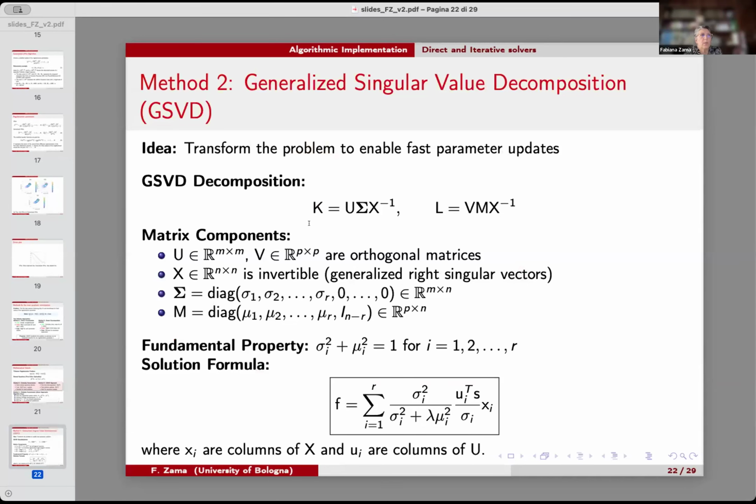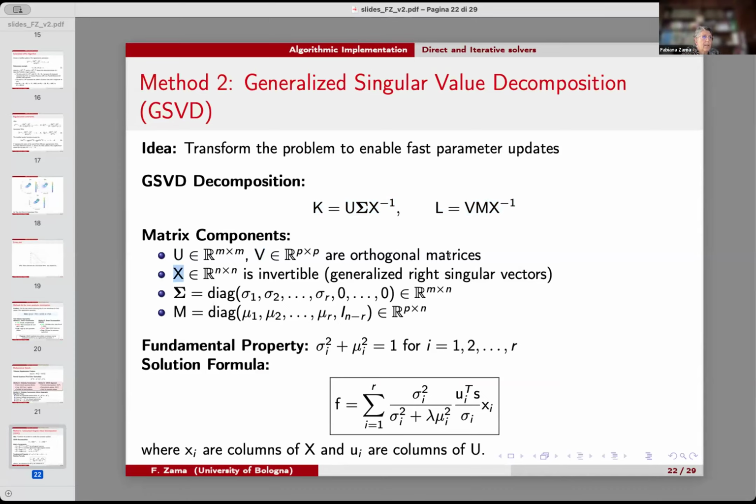This tool can also be used to analyze the conditioning of the problem. You see that for this solution we decompose the matrix with the generalized singular value decomposition, where we have two orthogonal matrices, U and V. We have a matrix X, which is invertible and which contains the generalized right singular vectors.